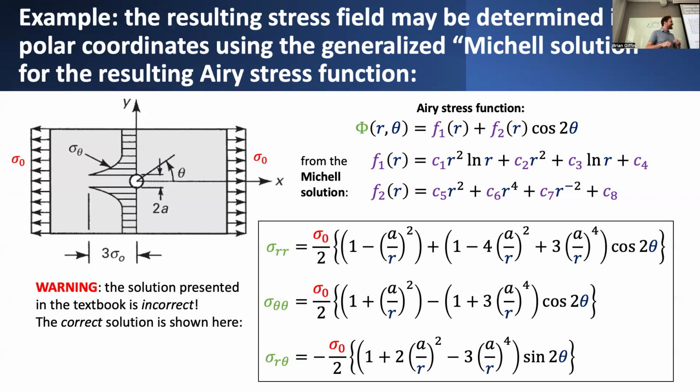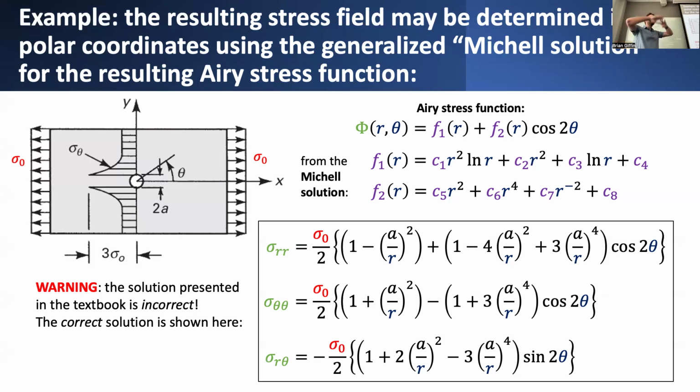And what's even more interesting is that when you're solving these elasticity problems, plane stress or plane strain, either one being 2D, using the Airy stress function concept to pose some supposed function that generates the resulting stress components, it turns out that there's a general solution for what the Airy stress function should look like using some limited subset of functions.